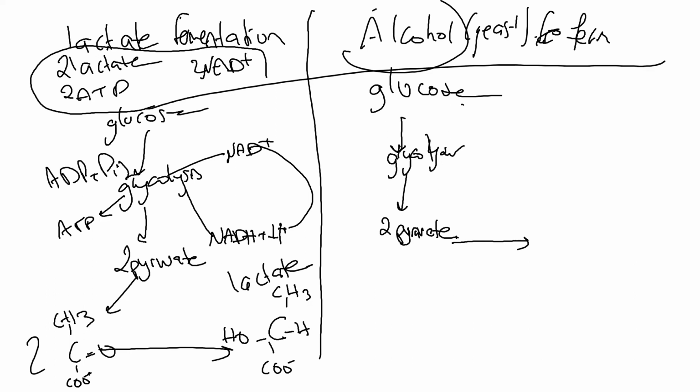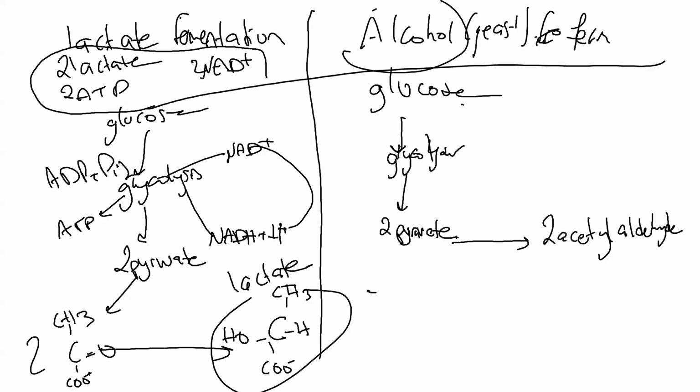So what happens here? Glucose undergoes glycolysis. It will make 2 pyruvate. This 2 pyruvate will produce 2 acetaldehyde. But you should not memorize the shape, I guess. And then this acetaldehyde will become alcohol, or ethanol, let's say.